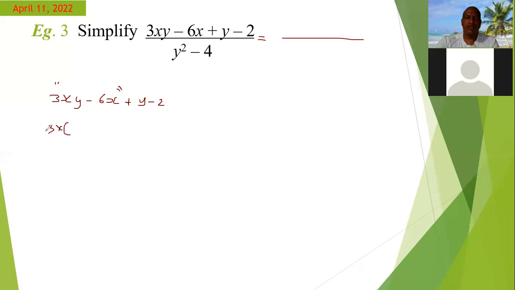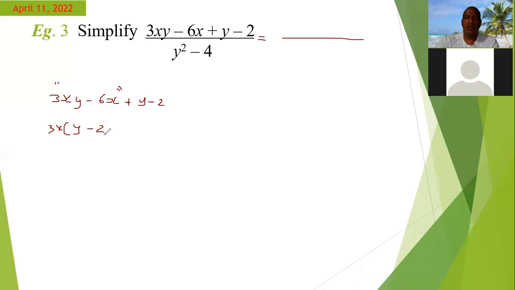Open our bracket. So 3x into 3xy gives you y, and 3x into 6x gives you 2, minus 2.